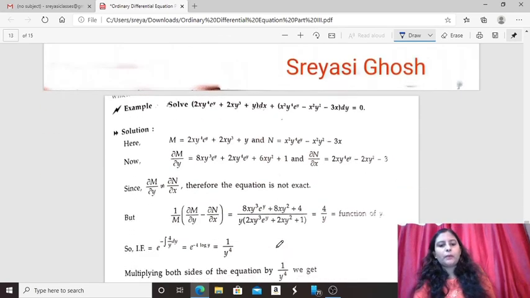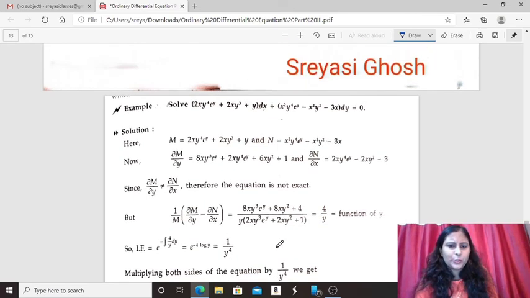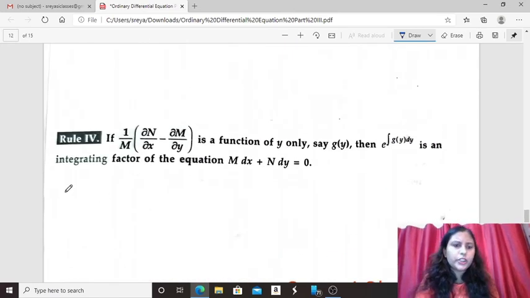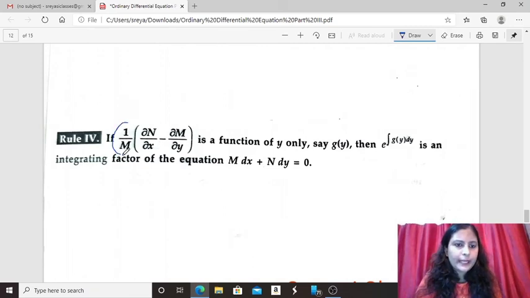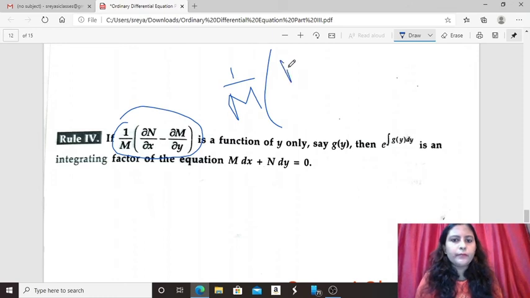We have taken one particular equation of this form. Here please see, you can consider any which way. Here we have mentioned 1 by m (del n del x minus del m del y). In a lot of books you can find that 1 by m into (m partial derivative with respect to y minus n partial derivative with respect to x) is also considered.